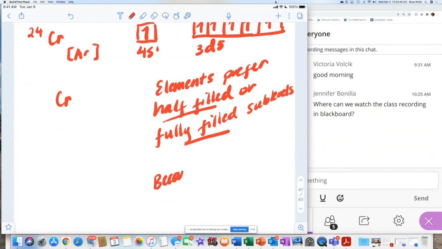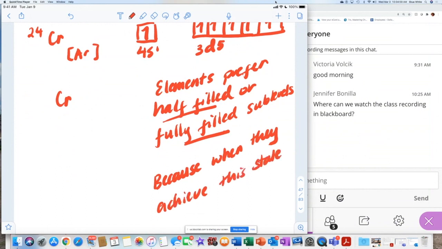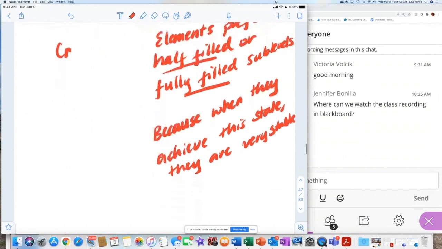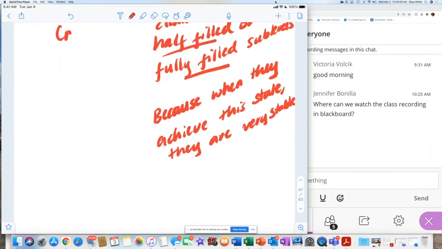Because when they achieve the state, they are very stable. But half filled is not the same as full filled, right?